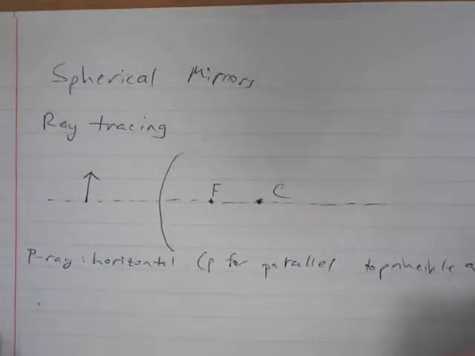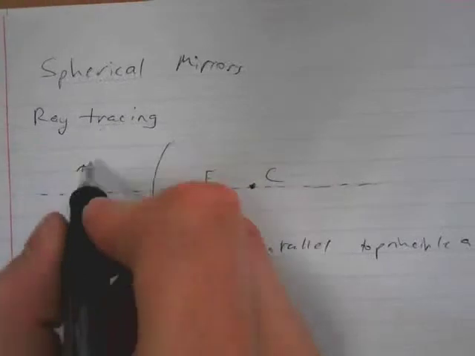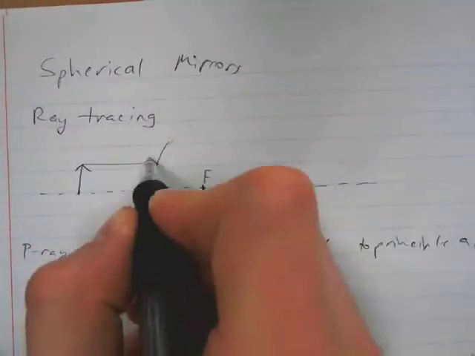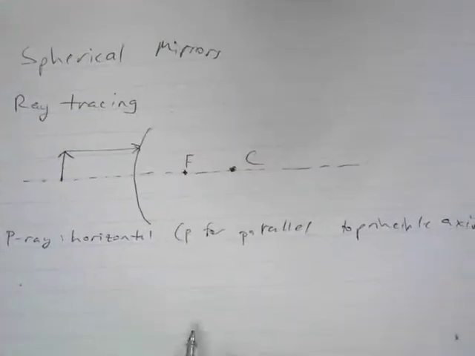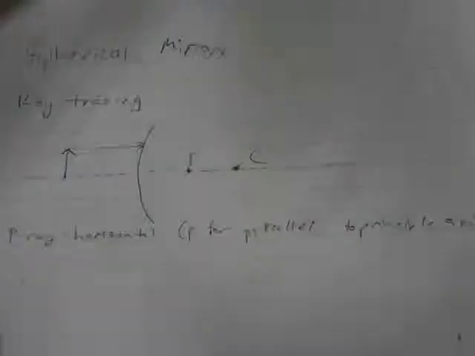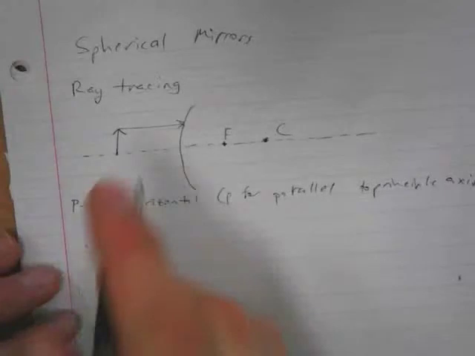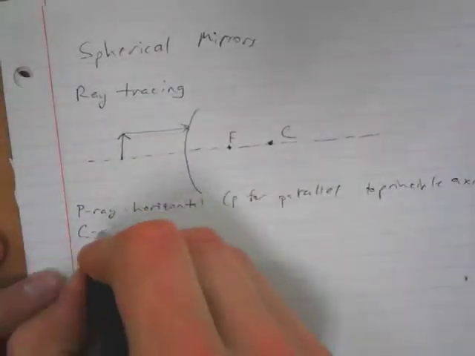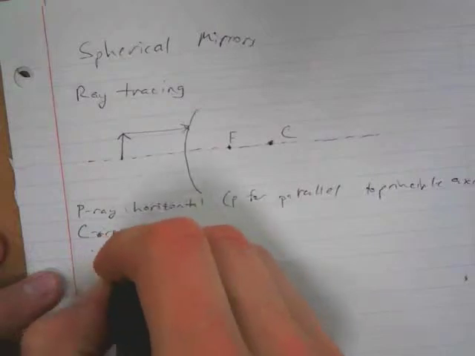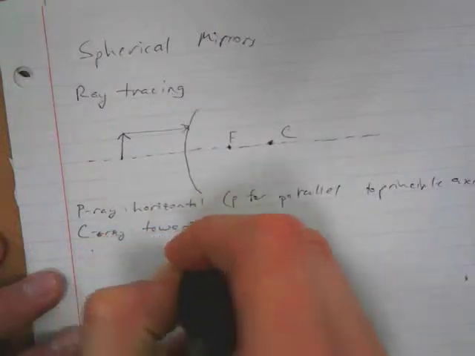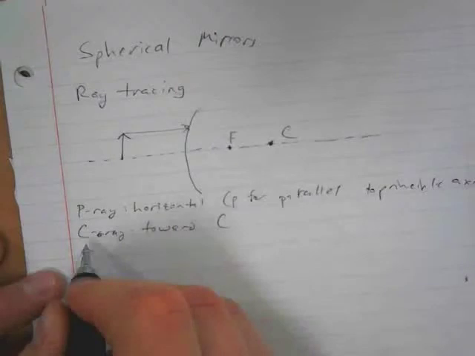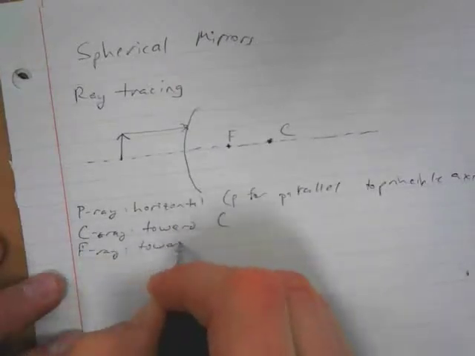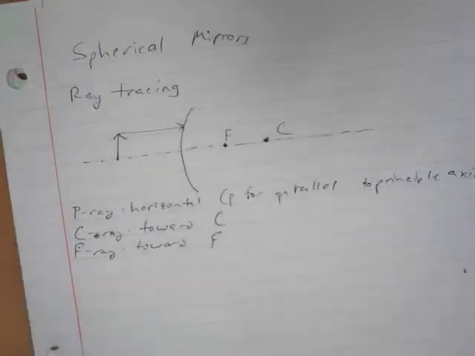So that is the ray that's going to come off this arrow horizontally and hit the mirror. Then there is also the C ray, and that is the one that goes toward the center of curvature, and the F ray, which goes toward the focus, the focal point.